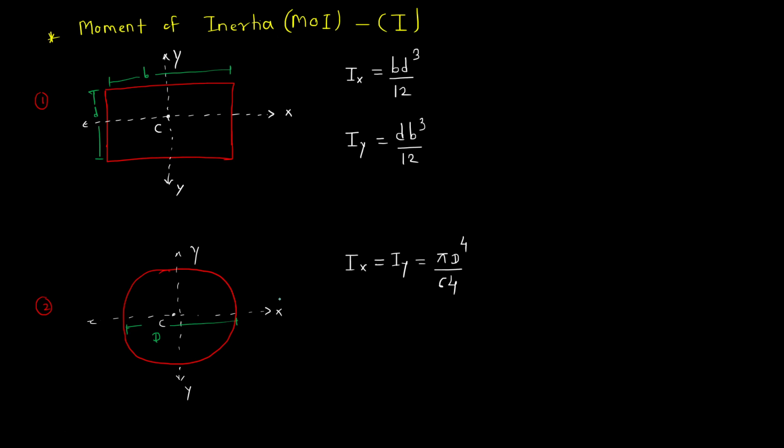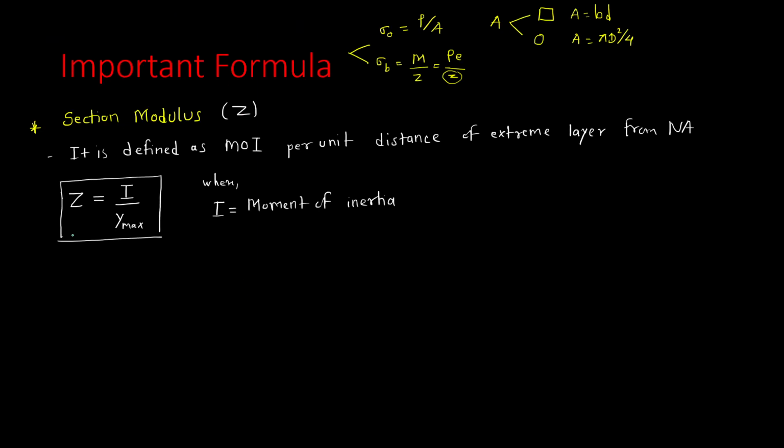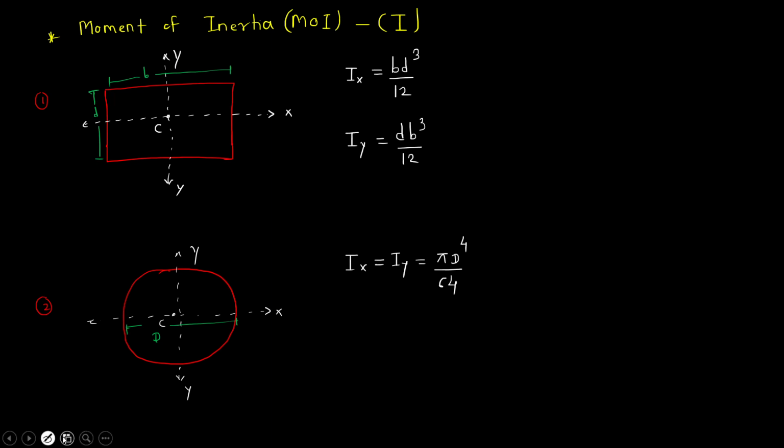Now if we apply the definition of section modulus, there will be two section moduli, one in x direction and one in y direction. For the section modulus in x direction, that is Zx, this will be equal to Ix divided by y max.